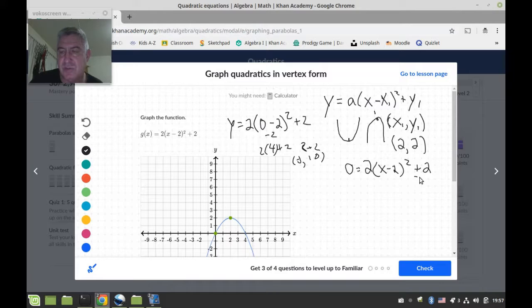So I'm going to subtract 2 from both sides, and I'm going to get negative 2 is equal to 2 times x minus 2 squared. I'm going to divide by 2 on both sides, and I'm going to have negative 1 is equal to x minus 2 squared, and then I'm going to take the square root of both sides.